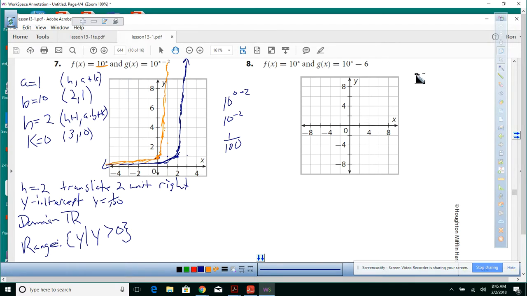What do we got here? We have a is 1, b is 10, h is 0, and k is negative 6.